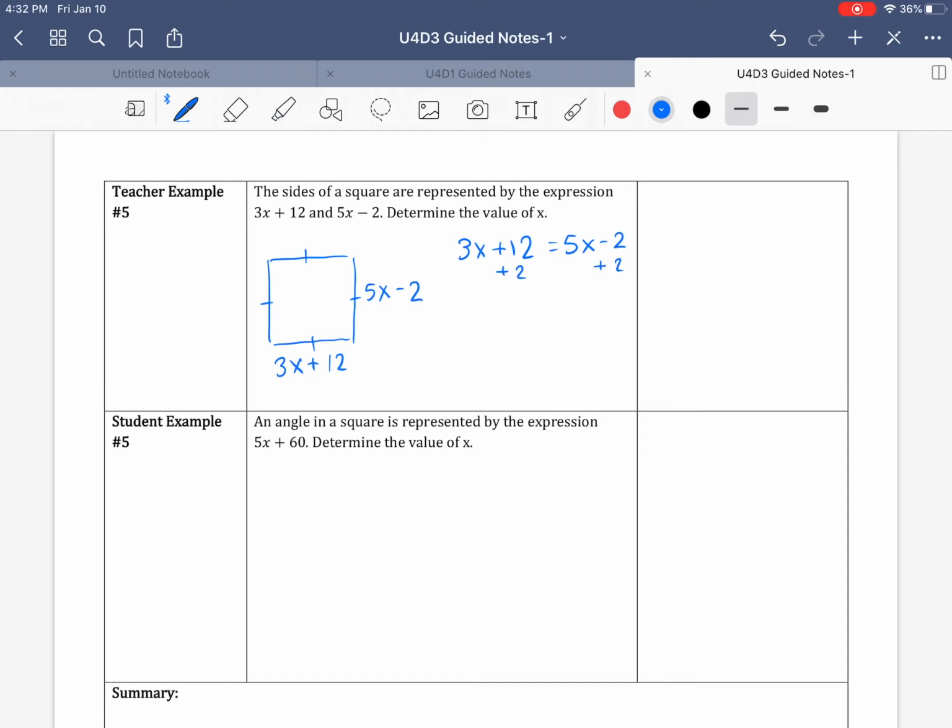I'm going to add 2 to both sides. 3x plus 14 equals 5x. If we subtract 3x from both sides, 14 equals 2x. We get x equals 7. So try student example 5 on your own.